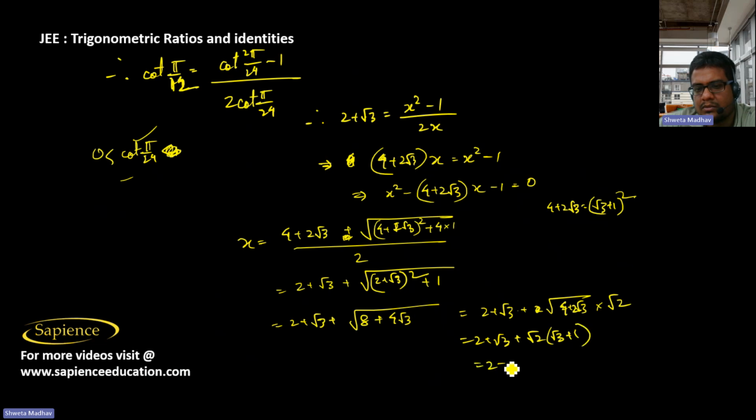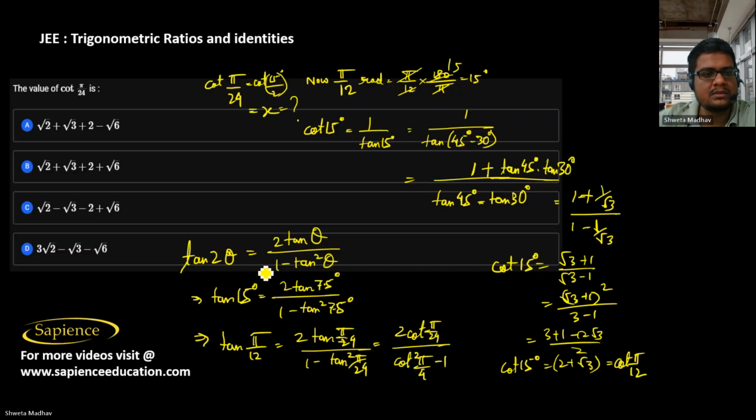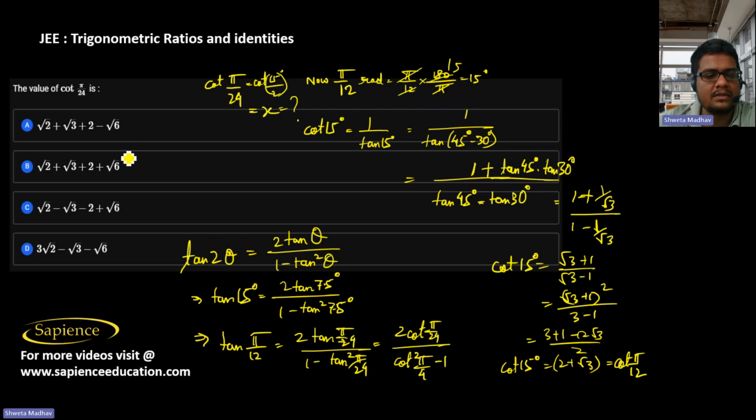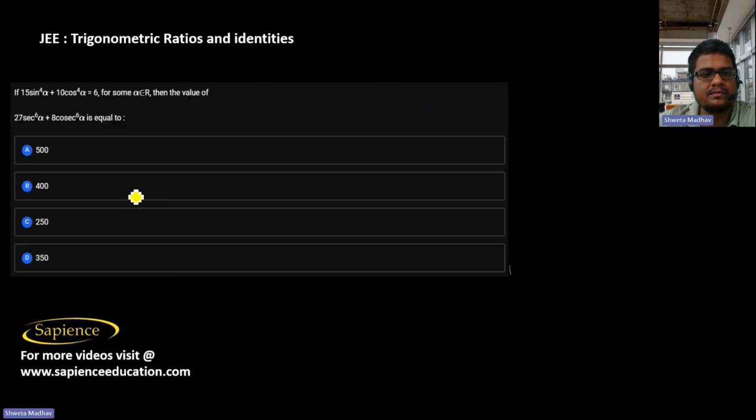So this will be 2 plus root 3 plus root 6 plus root 2. So this is the required value of cot pi by 24, which is x. So option B is the correct answer.